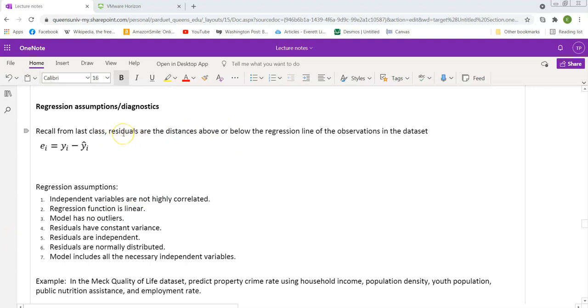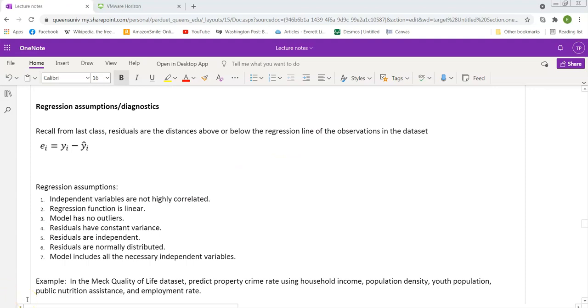Those are the distances above or below the regression line of all the observations in the data set. The residuals are denoted e sub i, and they're calculated as the actual data point minus the predicted data point. There's a full explanation of that, including a graph, in the lecture notes from last class. So I would encourage you to look at that for a full review of it.